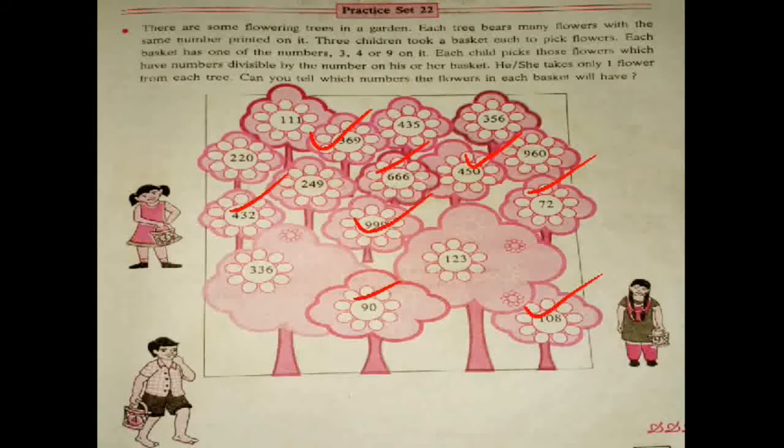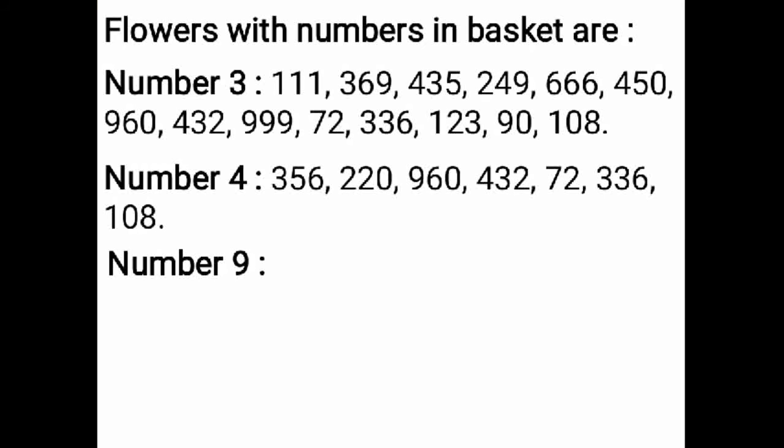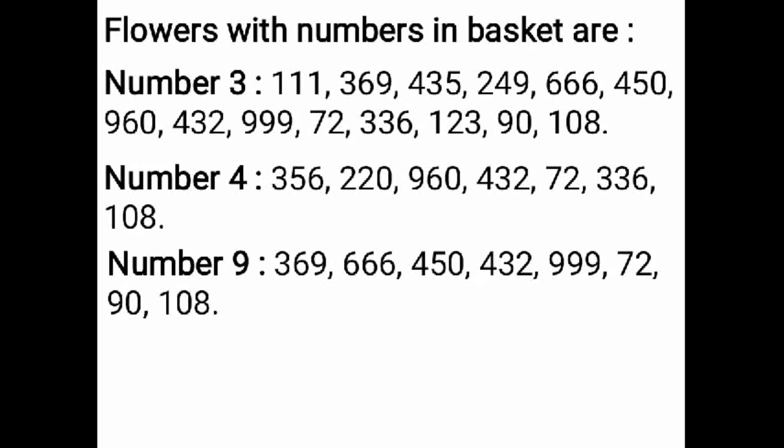All these numbers with flowers which I tick mark are divisible by 9. Now you have to write the answer. Numbers with flowers are divisible by 9. All these numbers are divisible by 9.